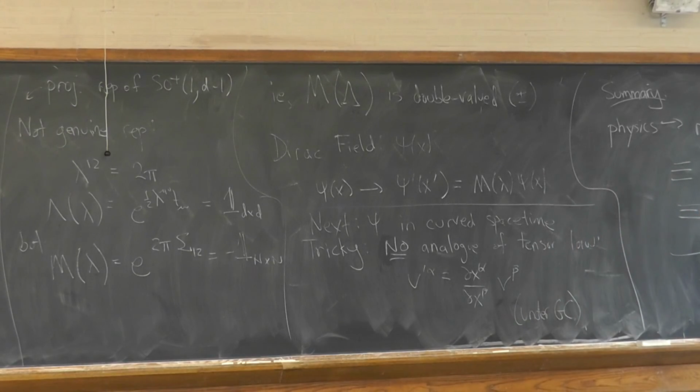And I'll try to explain probably next time why that's possible. Since I only have 3 minutes left, maybe I'll just give the strategy for what we're going to do instead. We can get into the details next time, but if there are questions, I can answer those. Okay, so here's the strategy.